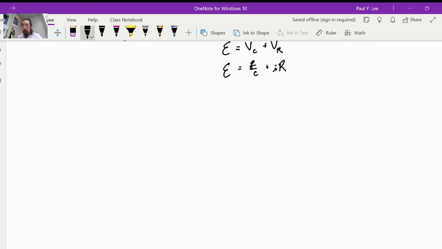Okay. All right. So the whole point of this video is to derive a formula for the current equation. And so I want to rearrange my formula algebraically so that we have a function of i is equal to. And I'm assuming that your algebra is spot on, and you should get i is equal to the EMF minus q over C, all divided by the resistor, right?